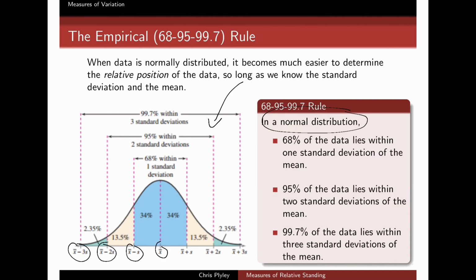Ranges going from 3 standard deviations below the mean to 3 standard deviations above the mean. And outside of those ranges, well, not much data at all will fall beyond 3 standard deviations. This is the other thing to take away from this rule. If I go 4 standard deviations away from the mean, there's only 0.3% of the data left that could even be that far away from our average.